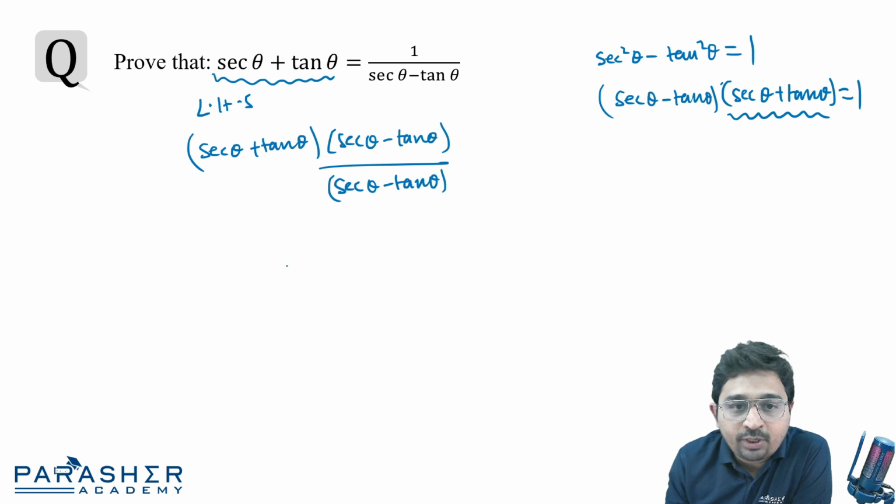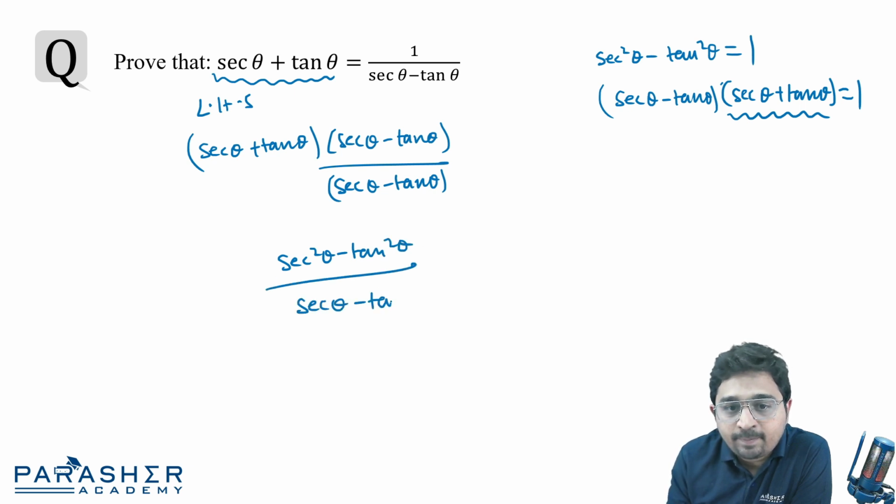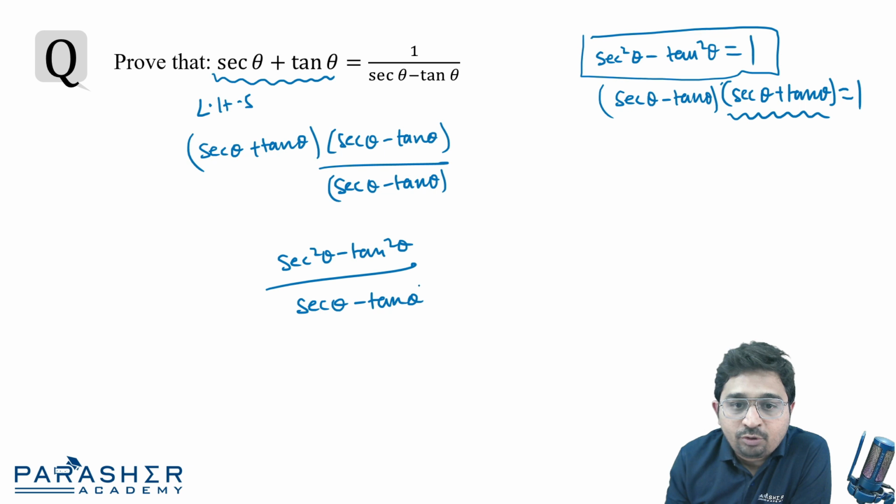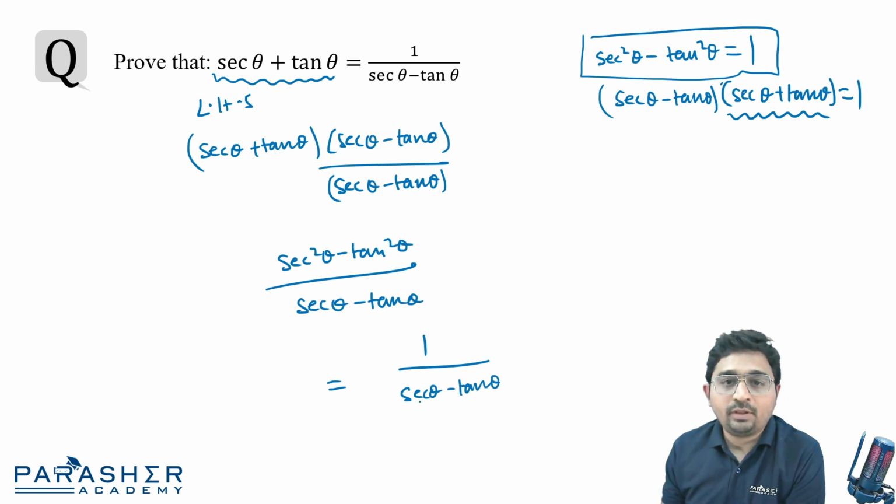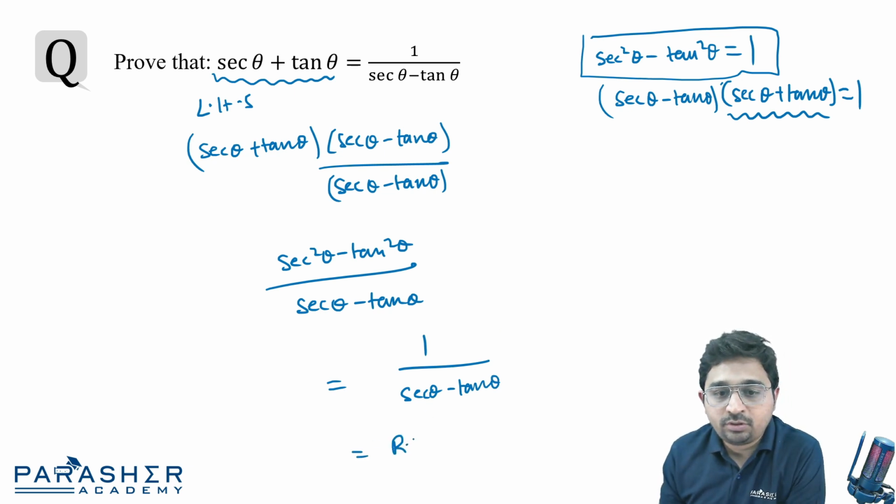Now simplifying the numerator, you'll get a plus b into a minus b: secant square theta minus tan square theta by secant theta minus tan theta. What is numerator? Connecting it to this one, numerator is equal to 1. So 1 by secant theta minus tan theta, which is equal to RHS.